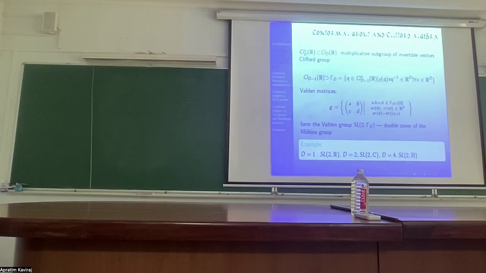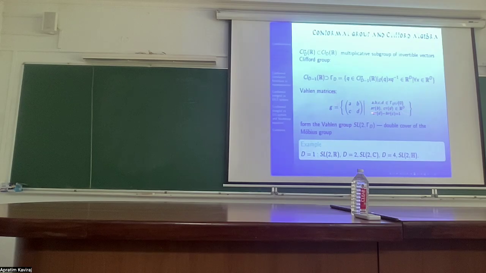So now, taking the Vahlen group, one can write down matrices. So this is a 2 by 2 matrix, A, B, C, D are quaternions now, valued in gamma D, this Vahlen group with of course 0 added. And it satisfies these conditions: A, then the transpose of B and C, transpose of D are in Rd.